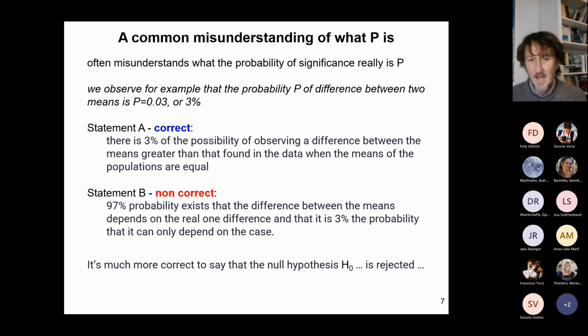You need a couple of minutes, or 5 minutes, to understand what the author would like to say. My suggestion is that if we say something easier, it is much more understandable and easy to transfer to a reader. So it's much more correct to say that the null hypothesis H0, that the means are equal, is rejected or is accepted.